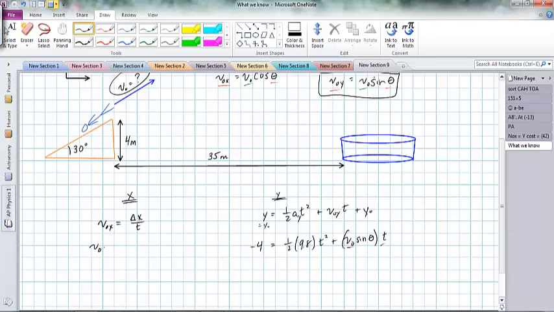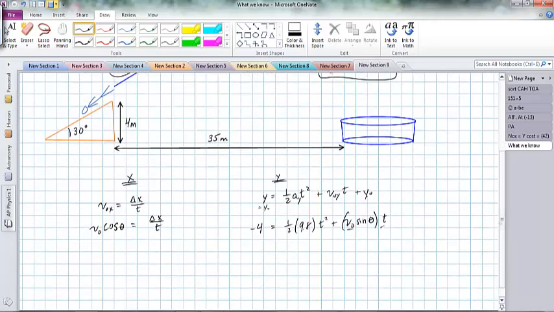I'm going to plug in cos theta here and solve it for time. So time equals 35, which is my delta x, over v naught cos theta.